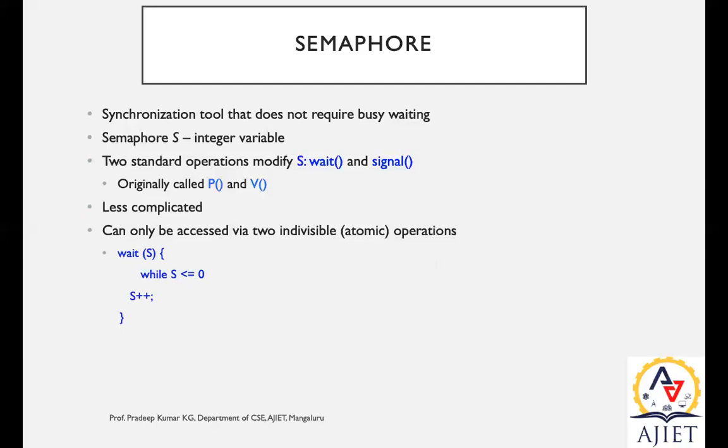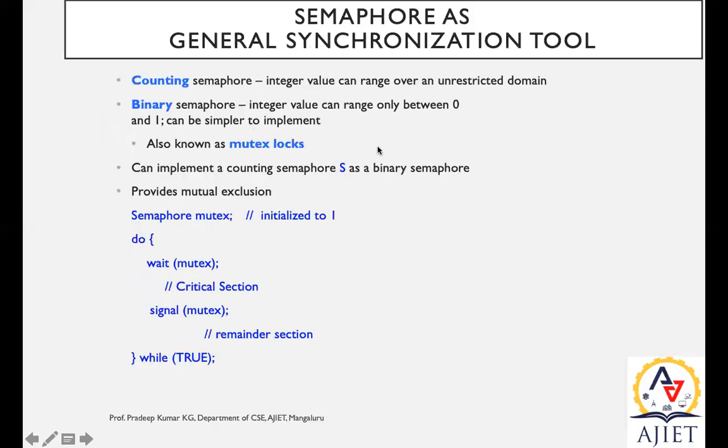So how does it work? By counting semaphores. In general, a counting semaphore is an integer value that can range over an unrestricted domain. Or we have a binary semaphore. A binary semaphore has a value of either 0 or 1.